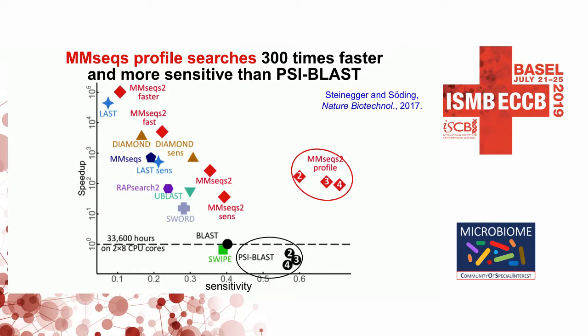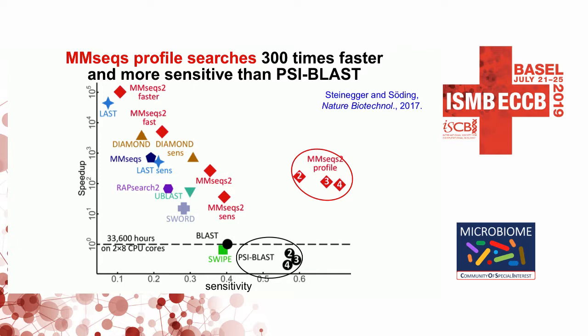But what is a really crucial advantage of MMseqs is that it is actually even more sensitive than PSI-BLAST, and PSI-BLAST uses profiles. MMseqs can run with profile searches, and the sensitivity that you see here, which is much larger than the one from BLAST, is achieved by doing a second iteration.